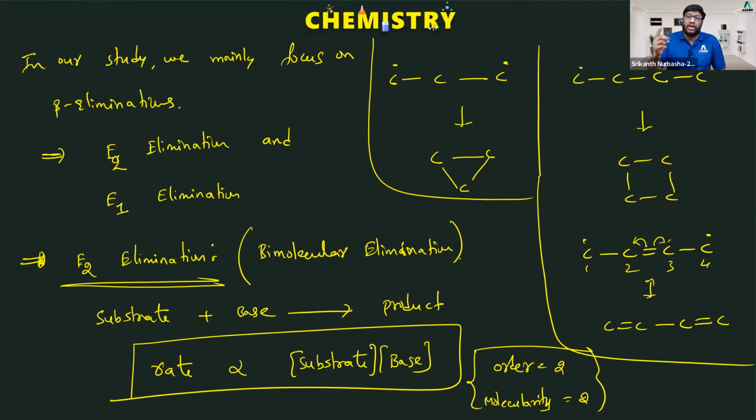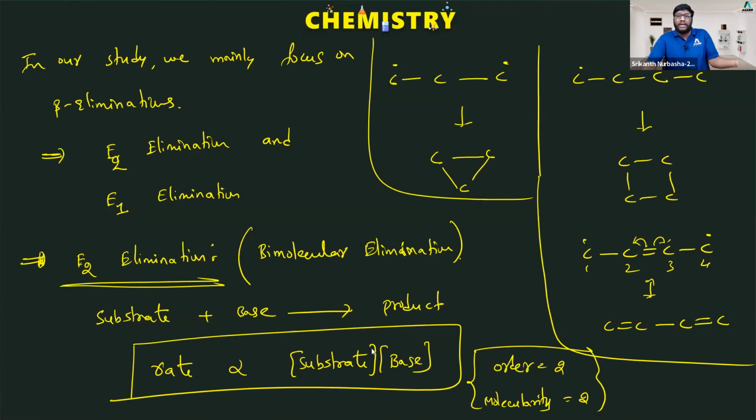base. Can I say stronger bases will undergo E2 elimination? Yes or no? If we have a strong nucleophile, among SN1 and SN2, which will happen? SN1 reaction: the rate of SN1 reaction is directly proportional to the concentration of substrate only, because formation of carbocation is the rate determining step, not the nucleophile attacking the carbocation.